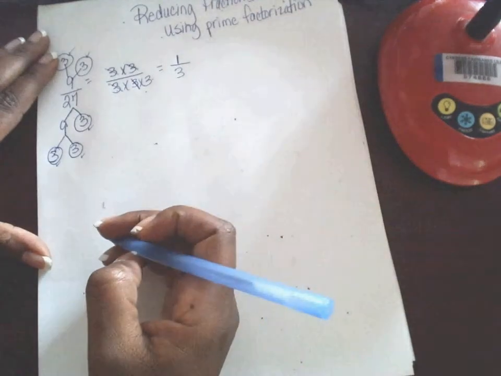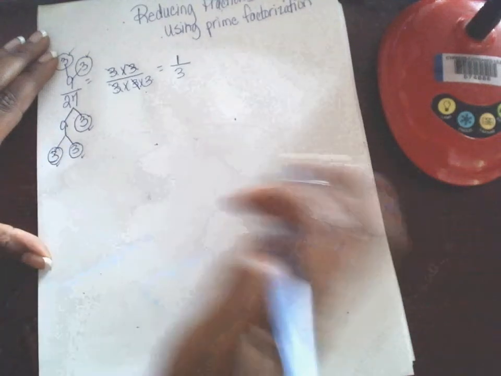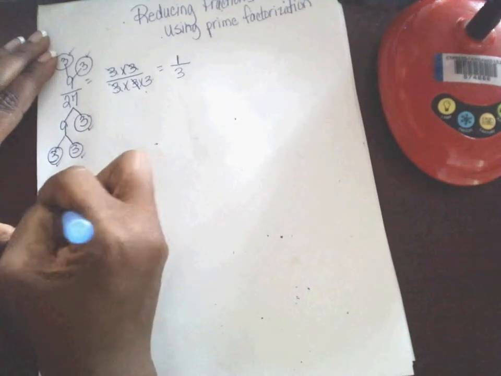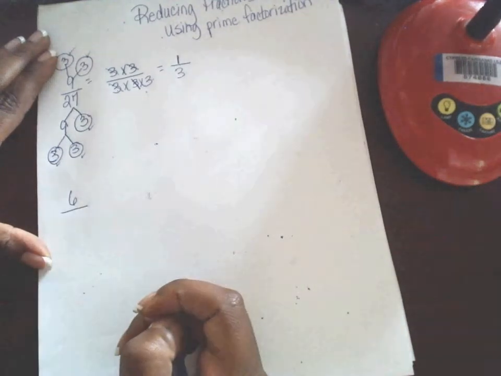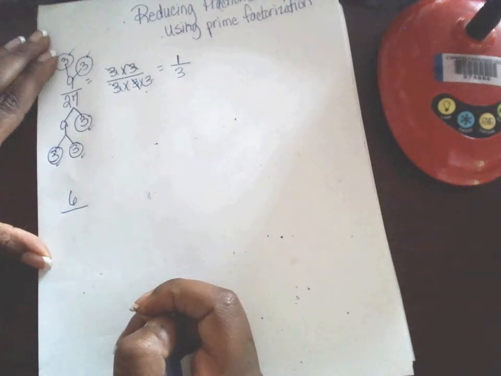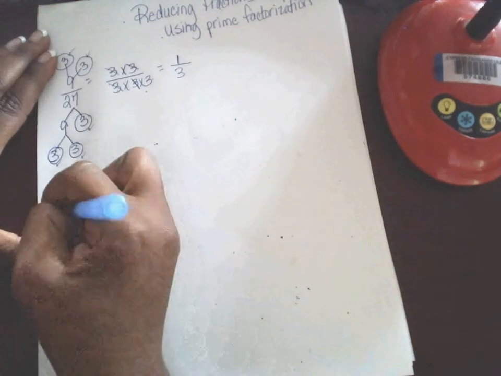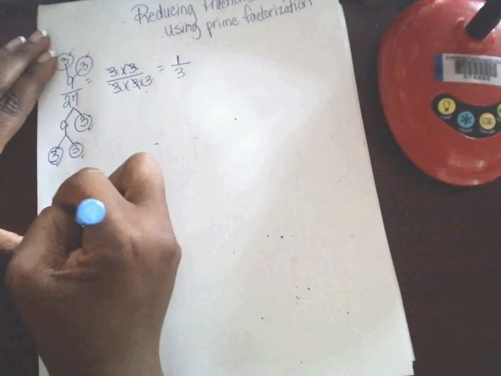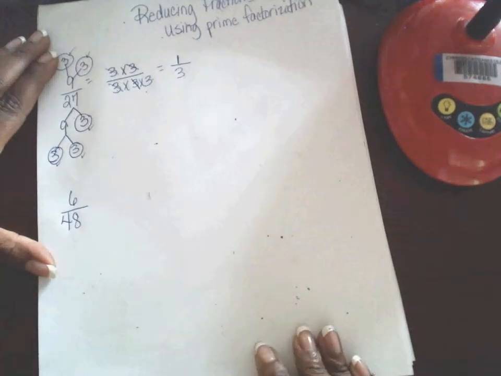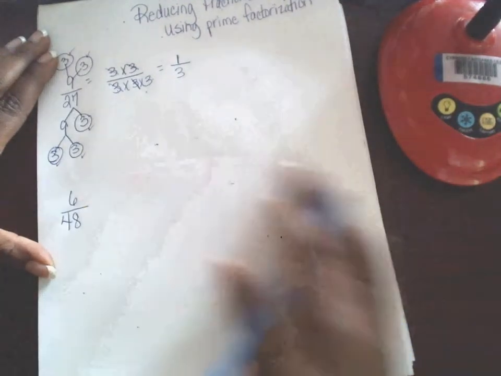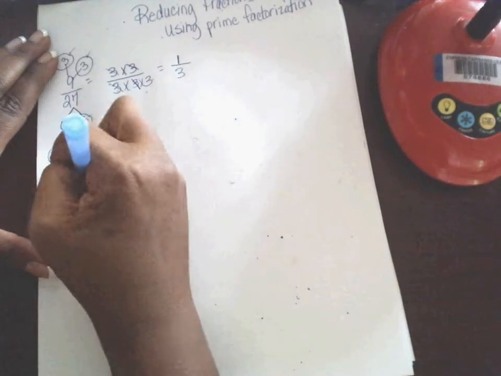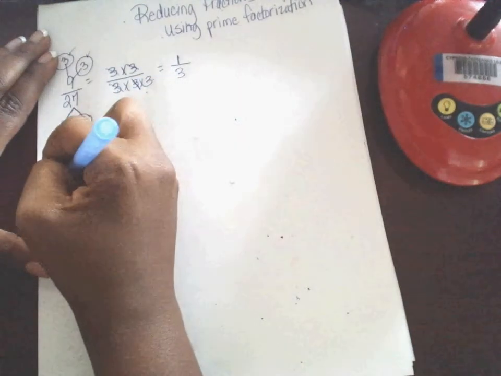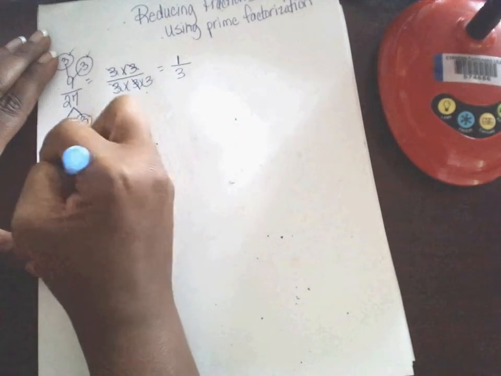Okay? Let's try another example. Let's do 6 over, let's try 48. That's a big one. The factorization for 6, 3 and 2. 3 times 2.